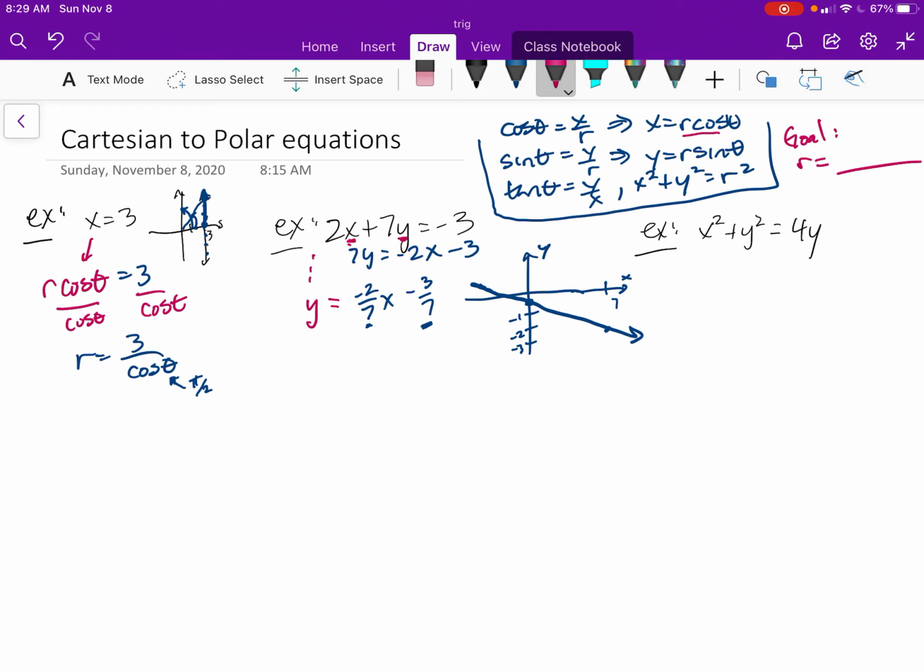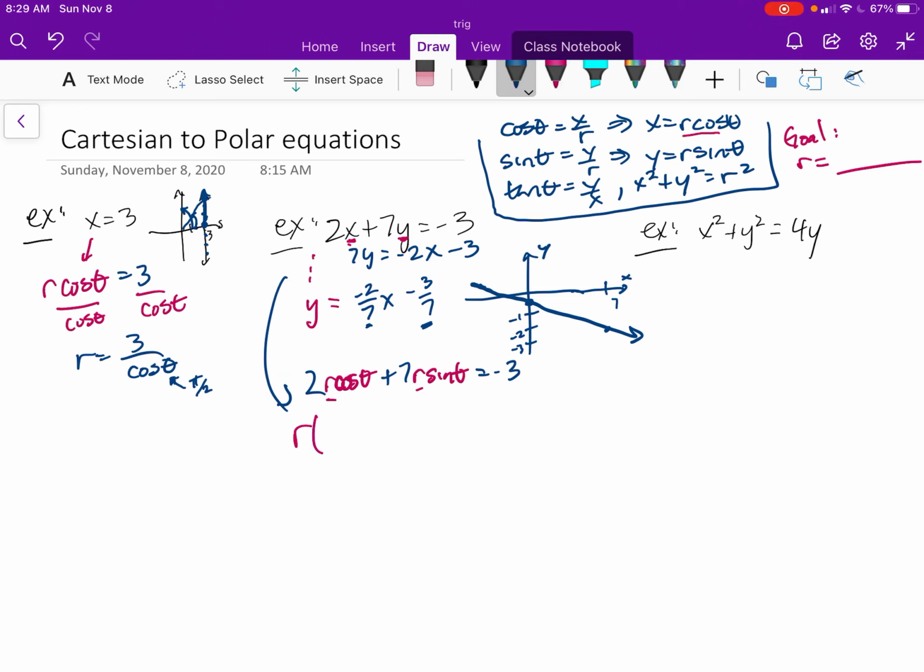x is r cosine theta, so to polar, we have 2 r cosine theta plus 7 y, which is r sine theta, equals -3. Remember, the goal is to solve for r. Well, if we have an r here and an r here, the easiest way to do that is factor it out.